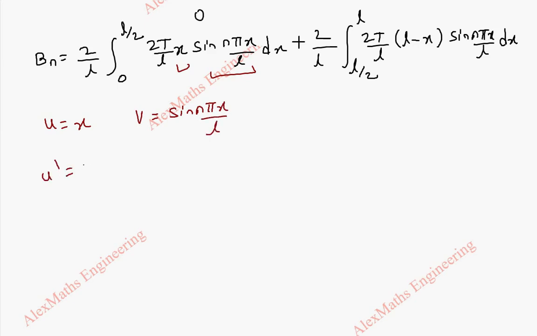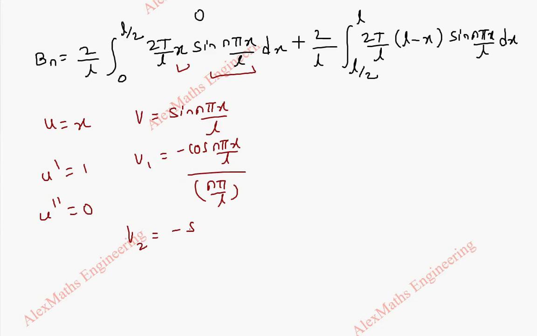So u' will be 1, u'' will be 0, and v1, this integration, is −cos(nπx/L)/(nπ/L), and v2 will be −sin(nπx/L)/(nπ/L)². In the same way, coming to this, this is u and this is v. As usual, 2h/L can be taken outside because it is a constant.